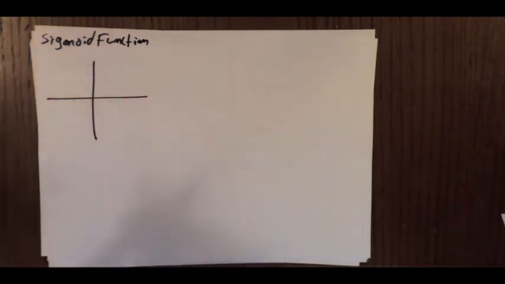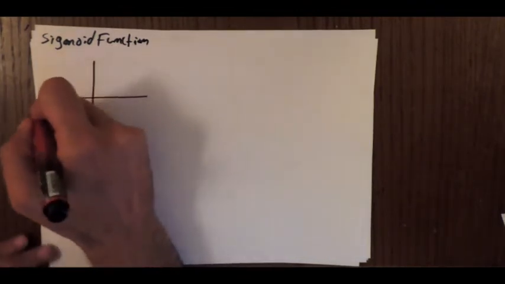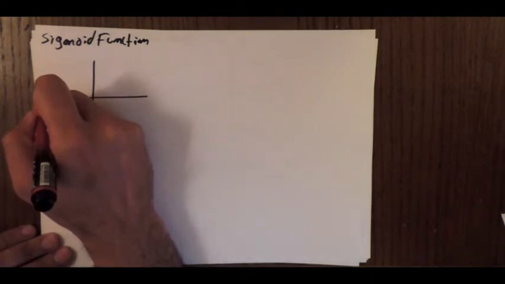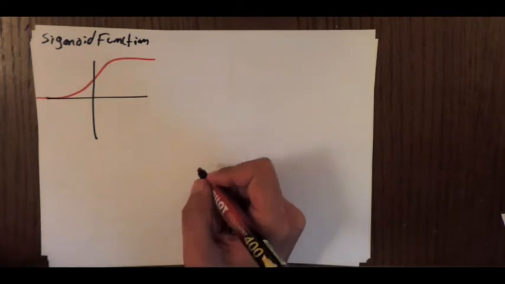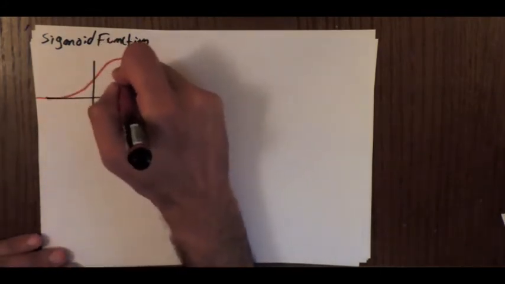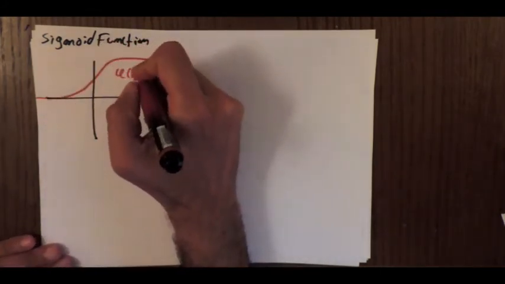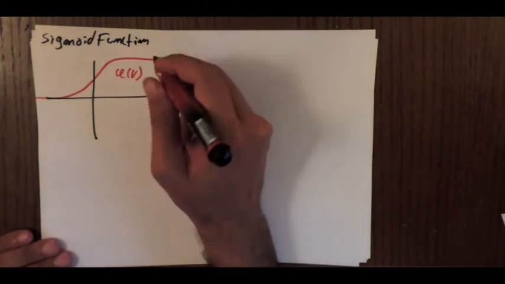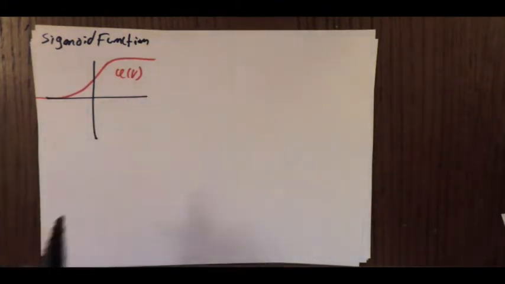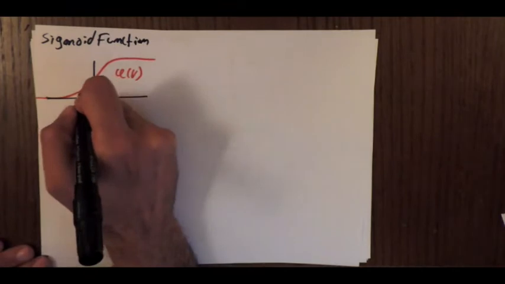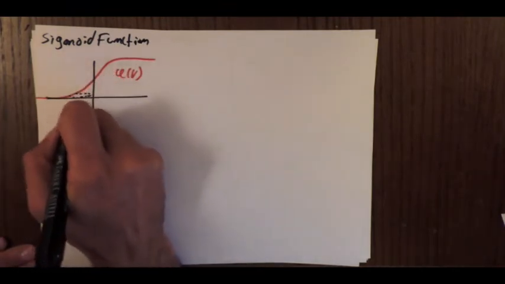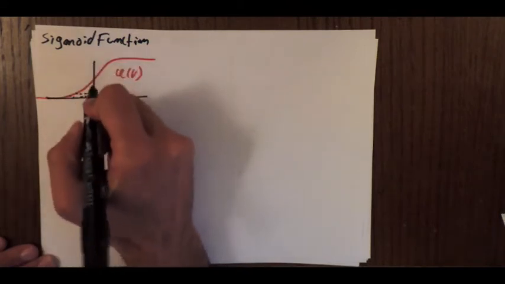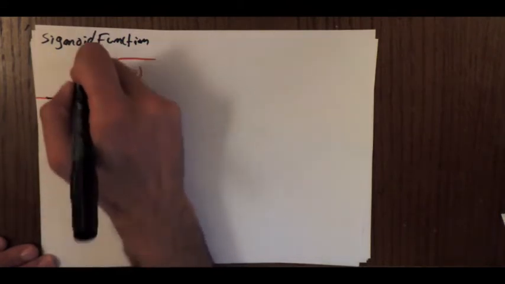It's called the S-shaped function. So this is phi of v. What this activation function does is that if I have values close to 0, it will give them a very low value. So let's say this is 0, this is 1.